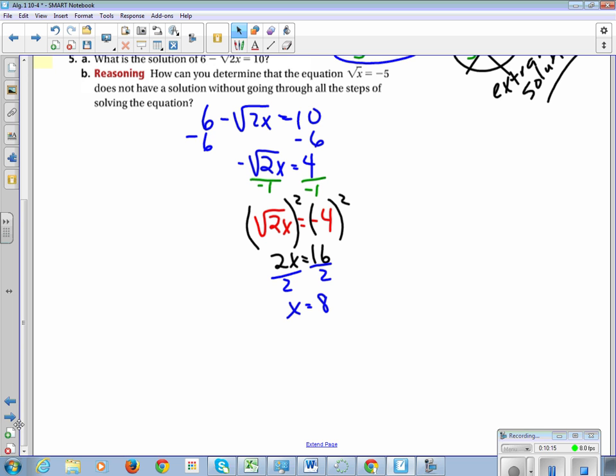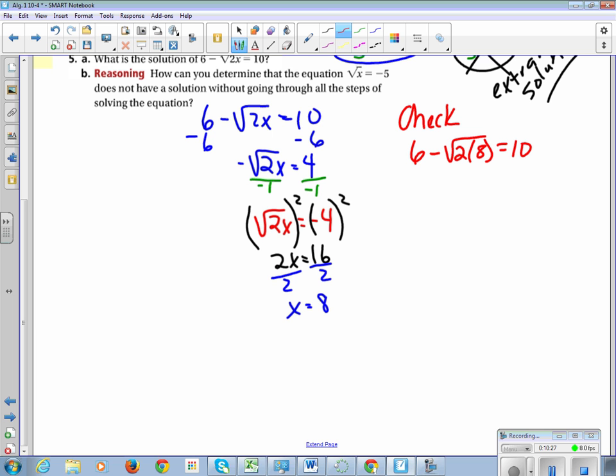After I do all that, I'm going to plug 8 back in. So here's my check. I got 6 minus square root of 2 times 8 equals 10. So 6 minus square root of 16 equals 10.